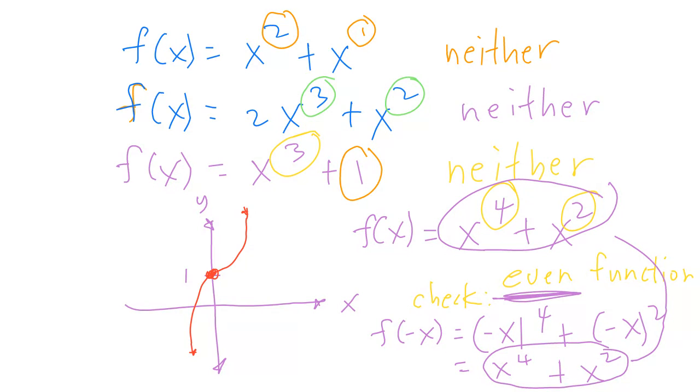But if it's a combination of odd and even numbers for the powers, then automatically your answer would be neither. So that's how you find even, odd, or neither.